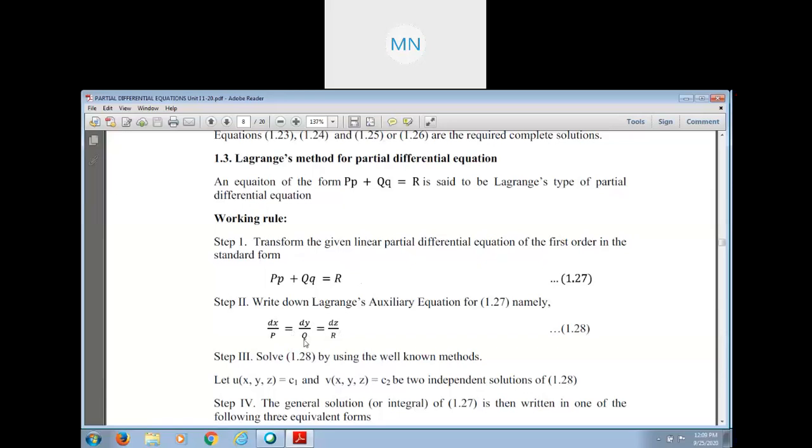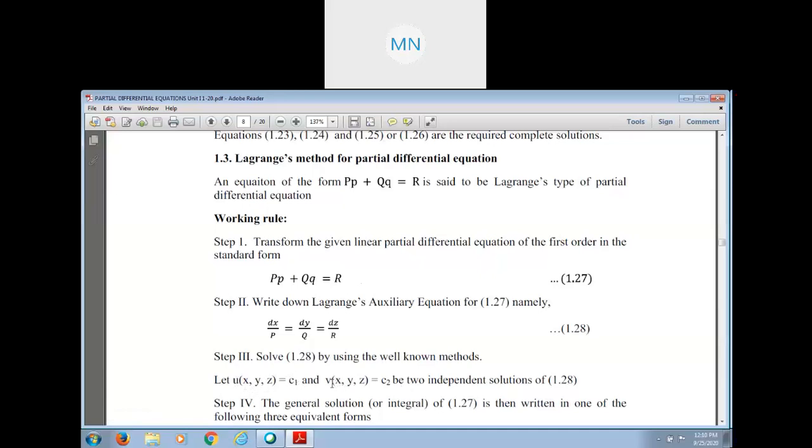After that, you have to solve this using well-known methods. Let u of x, y, z equals c1 and v of x, y, z equals c2 be two independent solutions of this equation. Here x and y are independent variables, z is the dependent variable, and c1 is any constant.